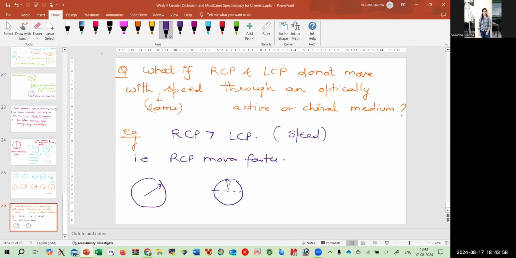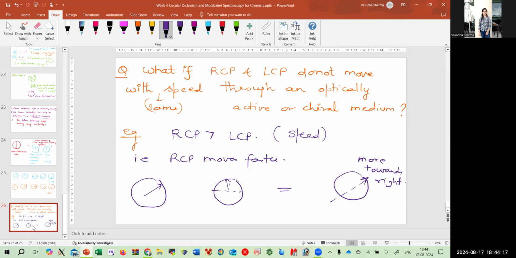This is your center. This has moved faster. So the resultant would be in the direction of the right side, more towards the right.